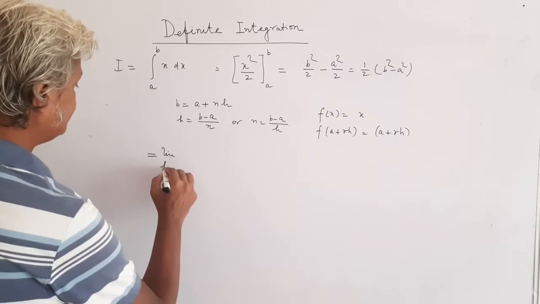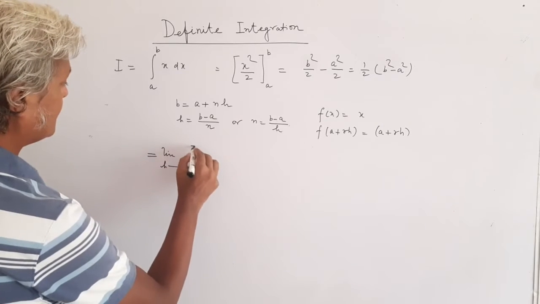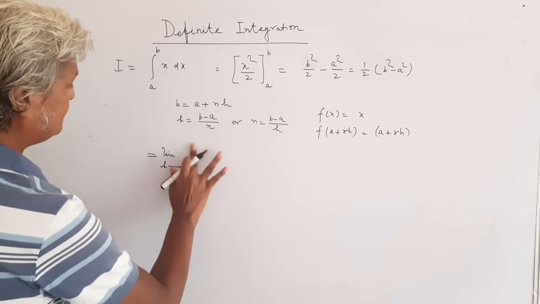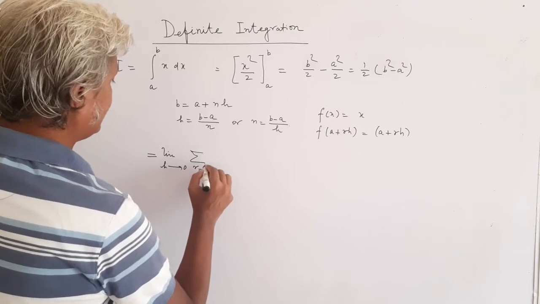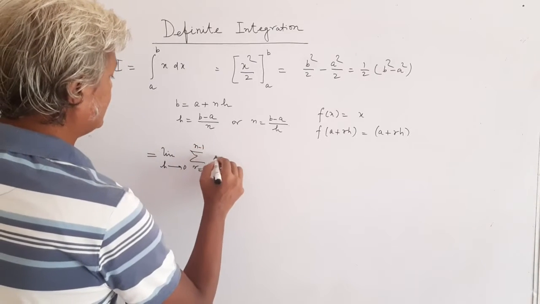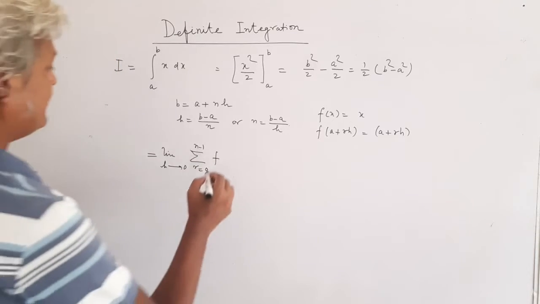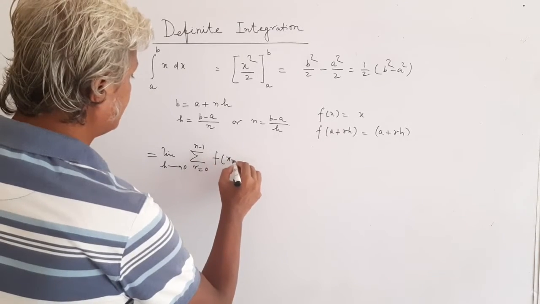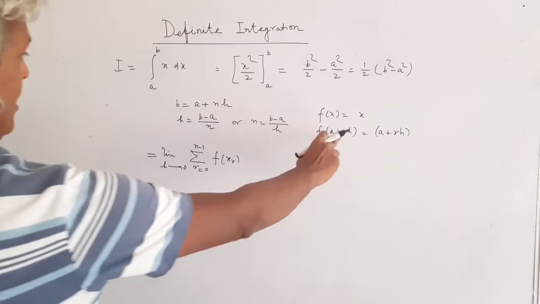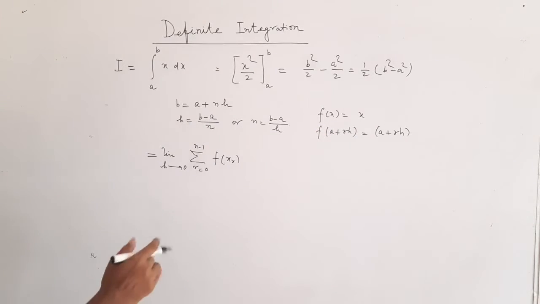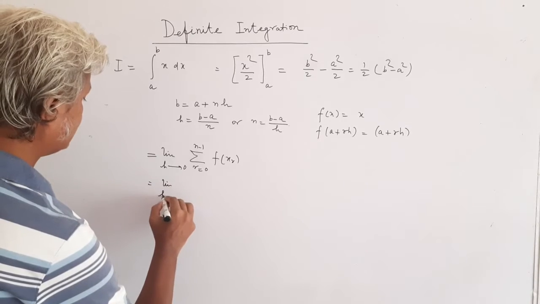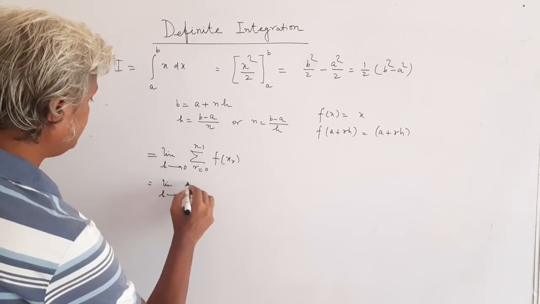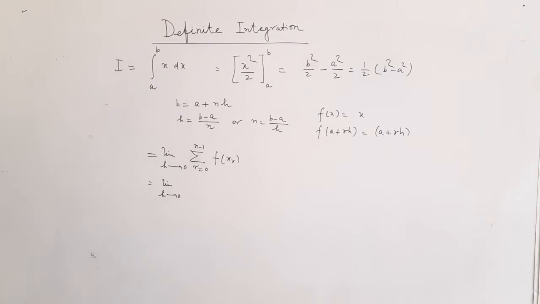summation r equal to 0 to n minus 1 of f xr, that is this one. So this is limit h tends to 0, and then what do we have?